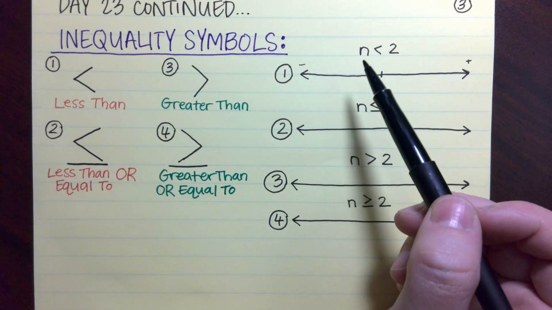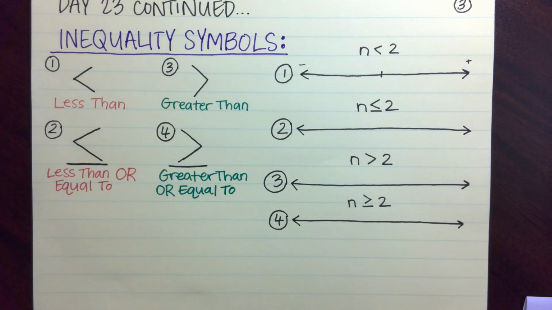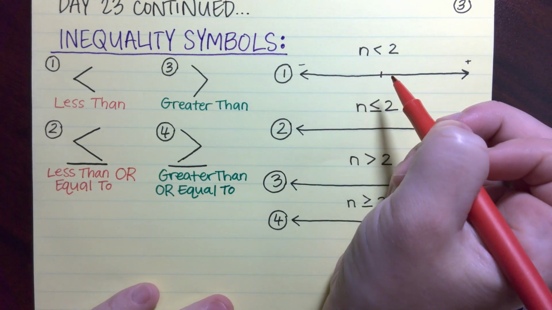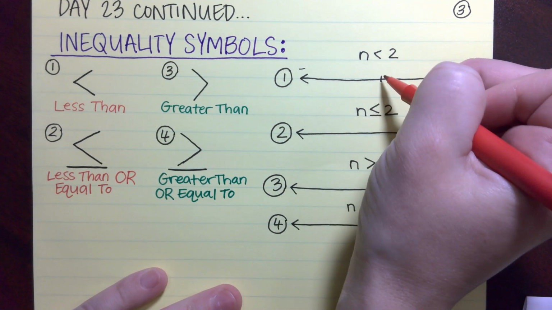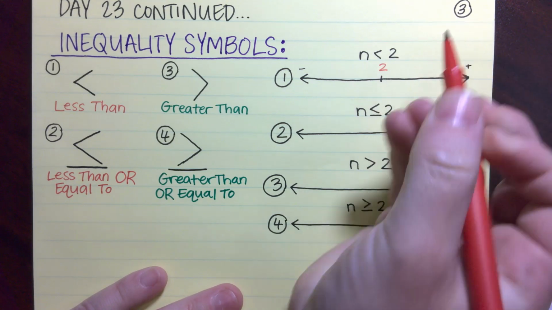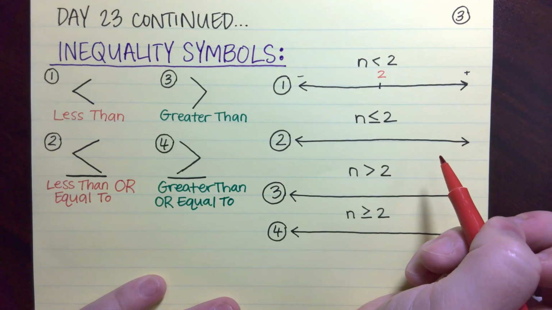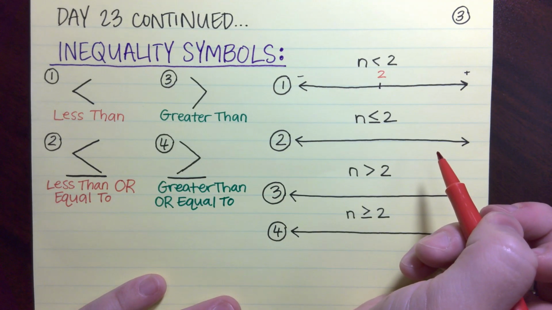I have n is less than 2. How do we show that visually on our graph? You put the 2 before the tick mark. Yes, I'm going to label my tick mark with that number 2 because that's the number that we're comparing to n. And then what do I do next? We're missing one step.